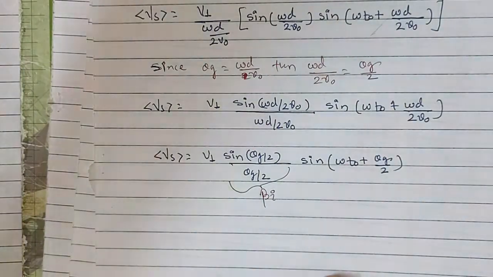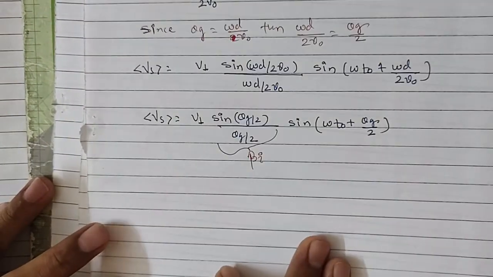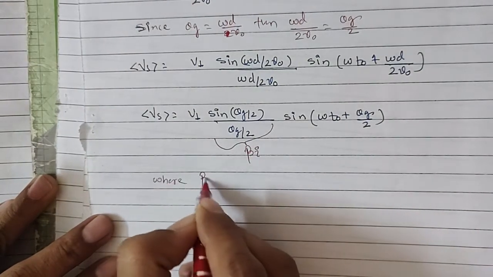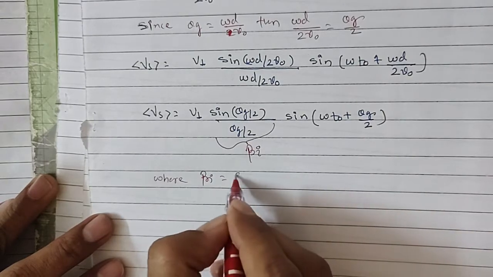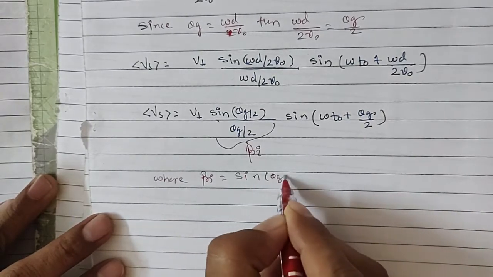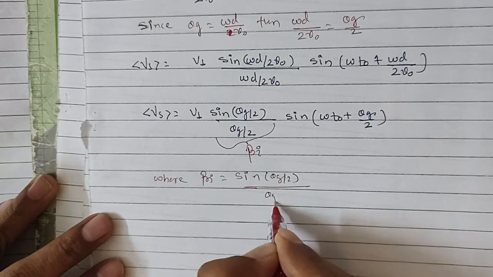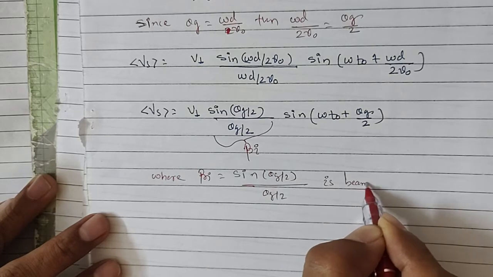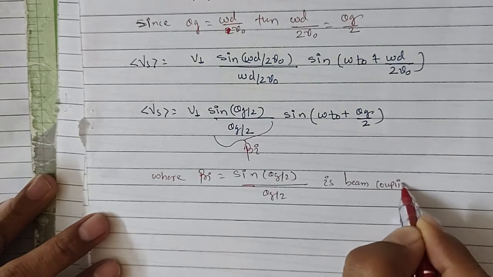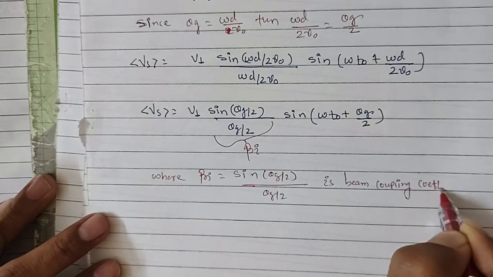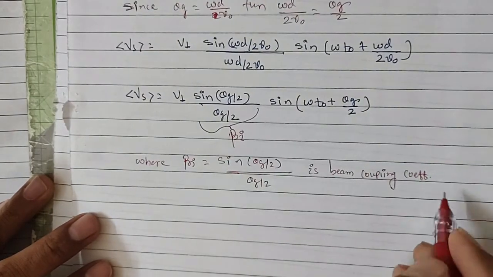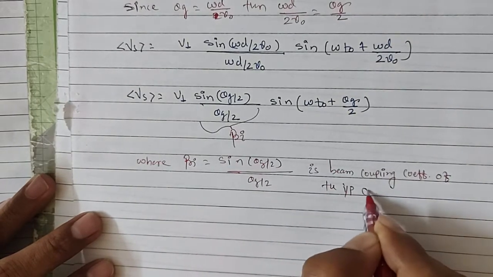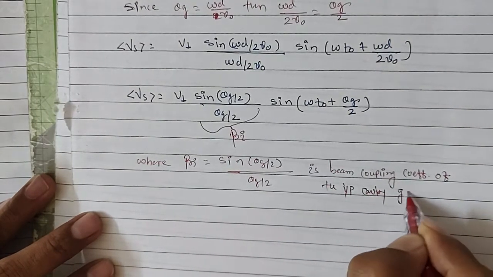So this was Vs. We will clearly write here where beta I is equal to sine theta g by 2 over theta g by 2, the beam coupling coefficient of the input cavity gap.